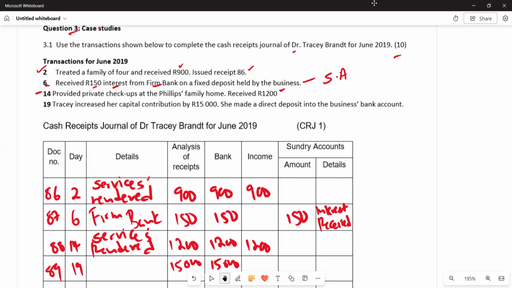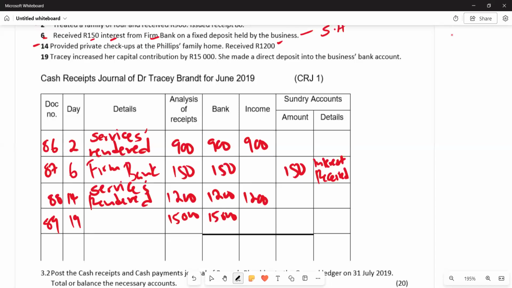So we are putting it under sundry as our 15,000. And obviously this is coming as capital. We are receiving this capital from Tracy, the owner, as indicated here. So here we indicate that this is Dr. Tracy Brands.